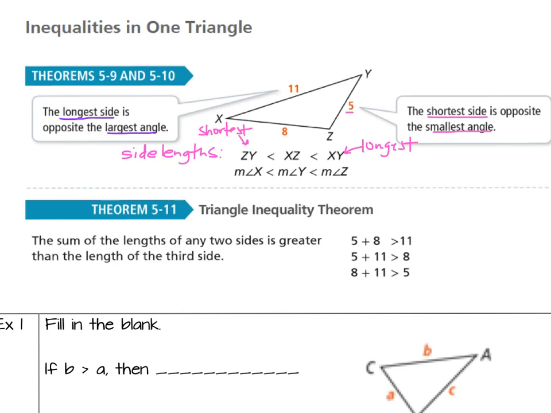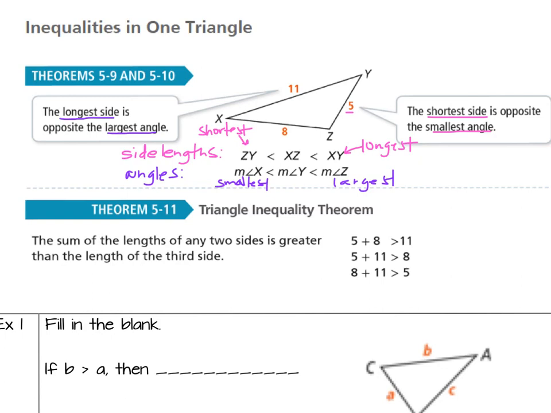So when I say what is the longest side, we wouldn't give an angle answer. Down below, we've got angles, and angles are written smallest to largest. Notice X is less than Y, which would be less than Z for the angle measures.